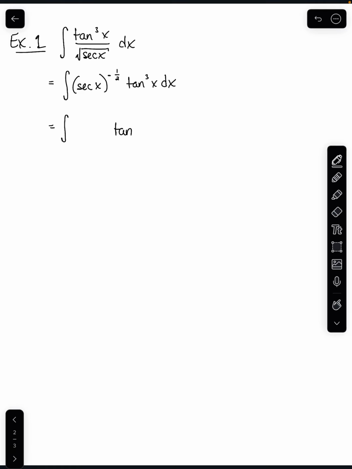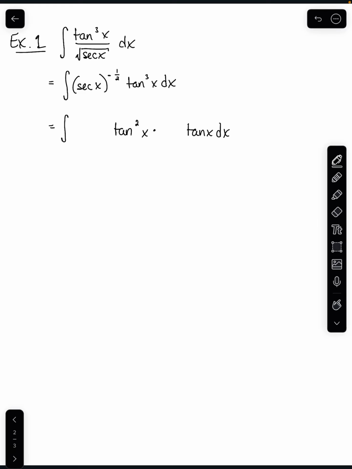I'm going to split off one factor of tangent, thus reducing the power of tangent left to an even power. This will allow us to use a Pythagorean identity to replace tangent squared of x with secant squared of x minus 1. We'll get to that in a moment.